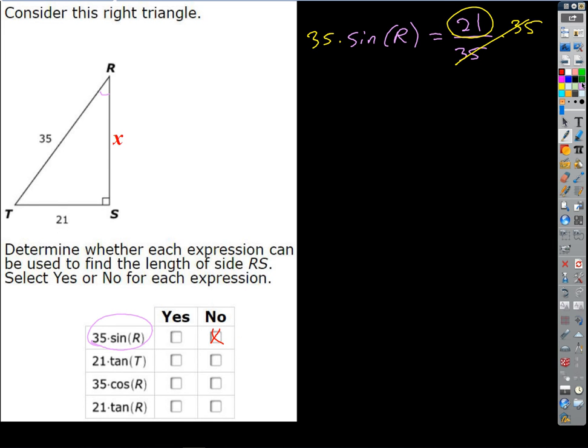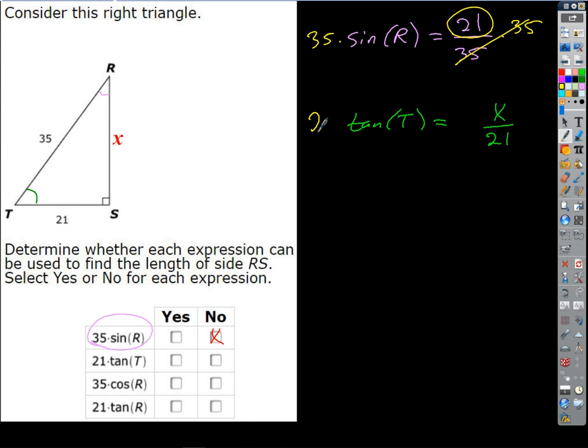Okay, what about the next one? 21 sine of T. Okay, so here's angle T. Tangent T we want, right? So what's the tangent of angle T? Here's angle T. Tangent is what ratio? Opposite over adjacent. TOA, tangent is opposite over adjacent. So opposite for angle T is X. Adjacent is 21.